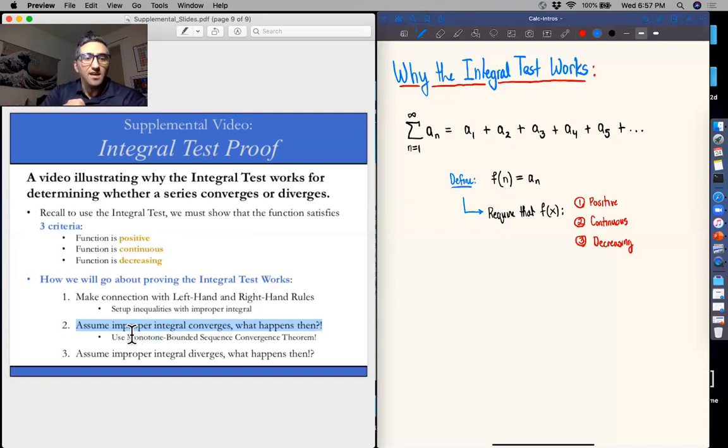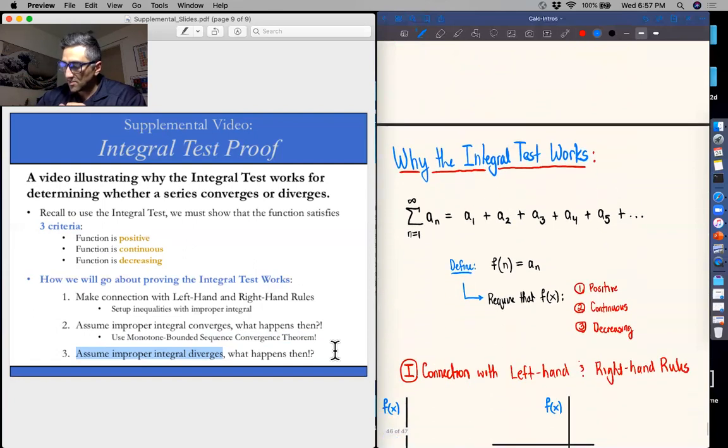We're going to see the popping up of one of our friends from sequences, the Monotone-Bounded sequence theorem. And then in the other case, we're going to assume the improper integral diverges and ask ourselves, what does this say in this case? So those are going to be the three basic steps that we're going to go through. So let's jump into it.